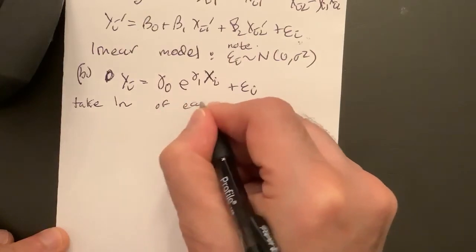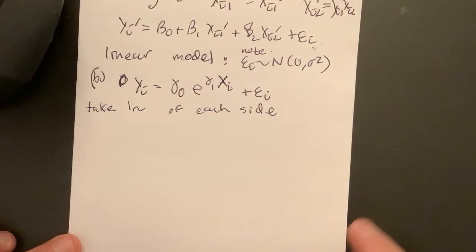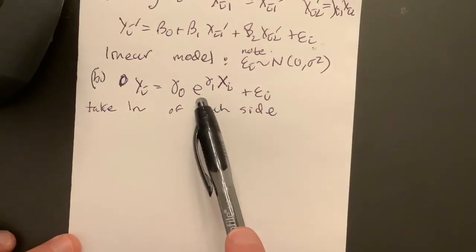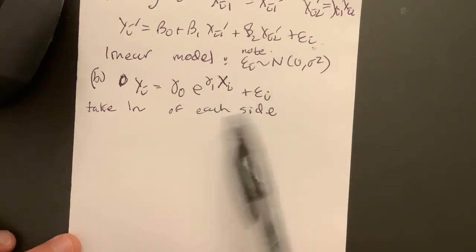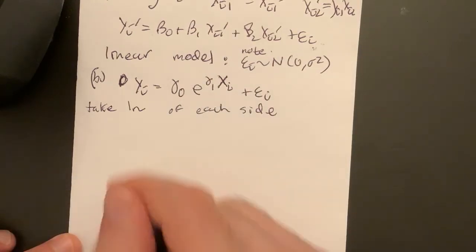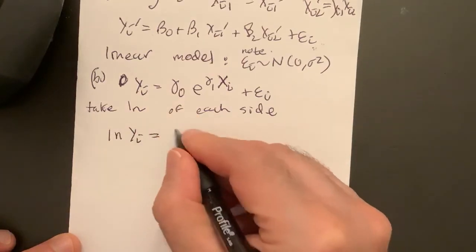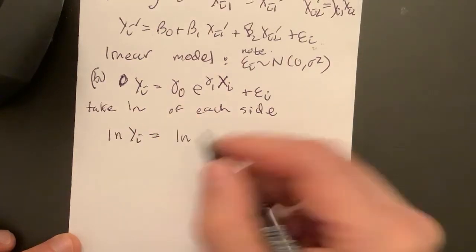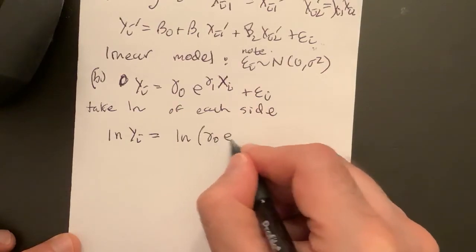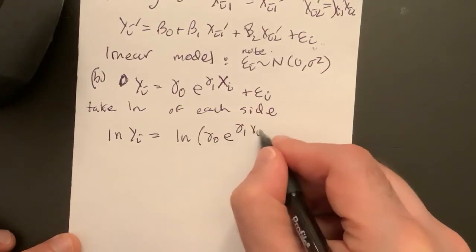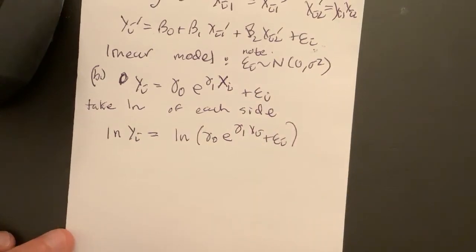Of each side. But what's the problem here? Well, you could take the log of the regression function, that's fine, but you're screwing up the error. So if we try to do this, we get log yi equals log, you can't do anything here, okay? So it's log of gamma 0 e to the gamma 1 xi plus epsilon i. This does not reduce to anything, okay?